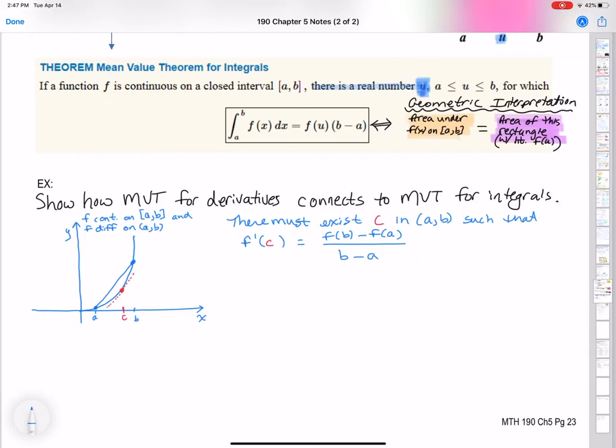Now, you can see your mean value theorem for integrals written right up above there. So, how does that connect? Well, what do I see in common? One thing I see in common is the b minus a, but it's not in the denominator.